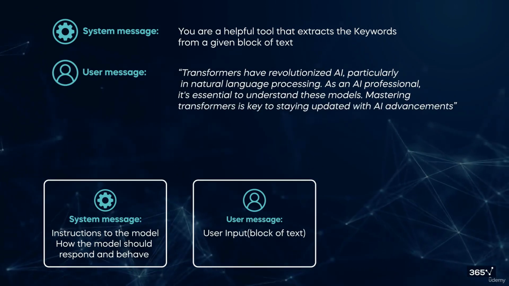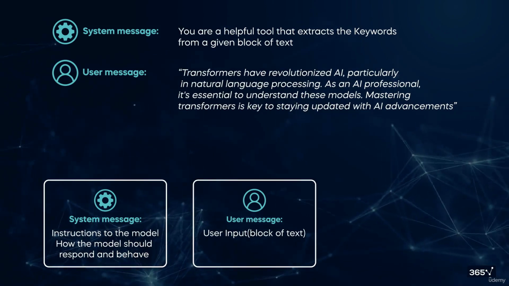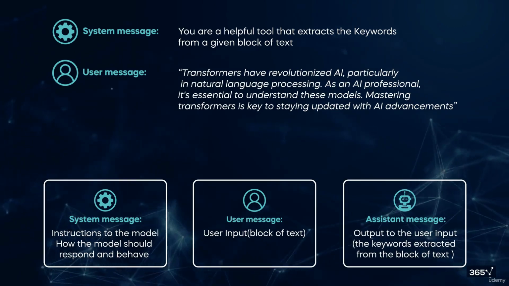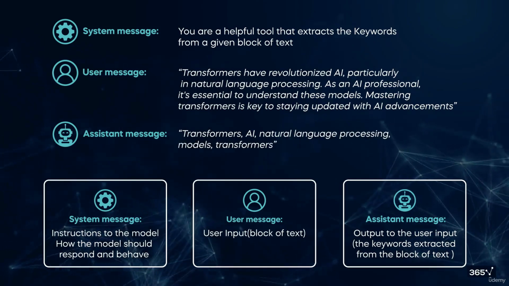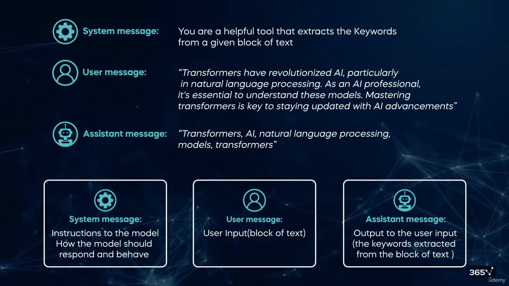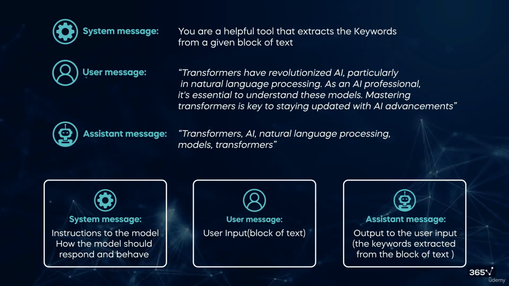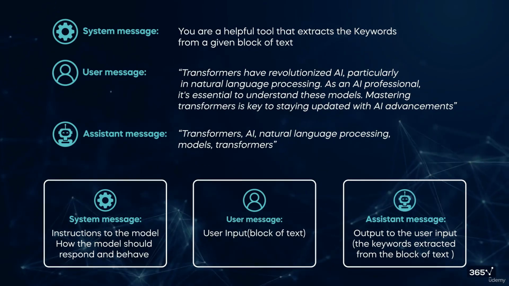So in this case, the user input would be the block of text we want to summarize. The third type of message is an assistant message. This is an example of the correct output to the user input. So here we have keywords that have been pulled out from the block of text provided by the user. These assistant messages serve as an example of how the model should respond.